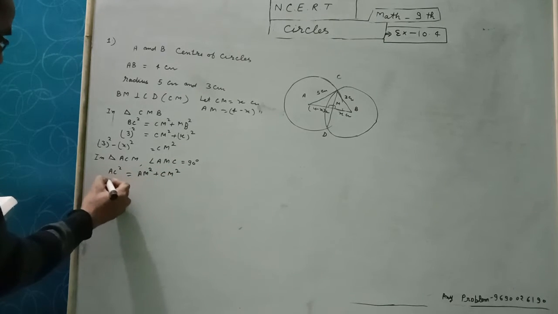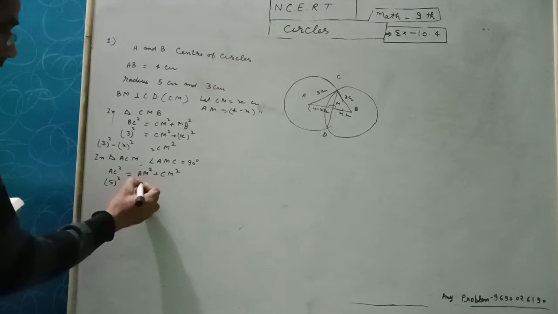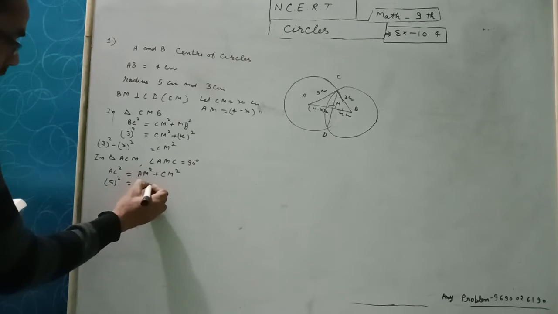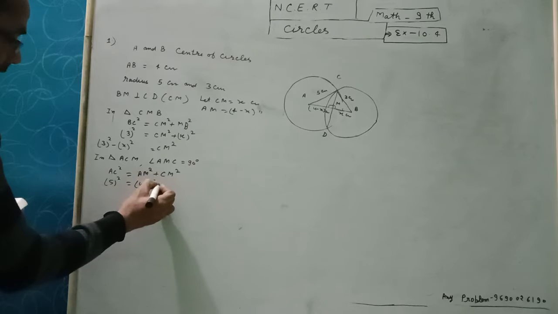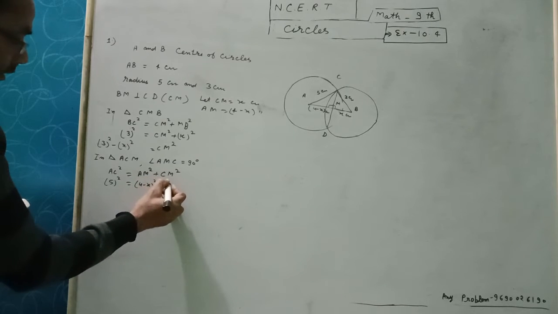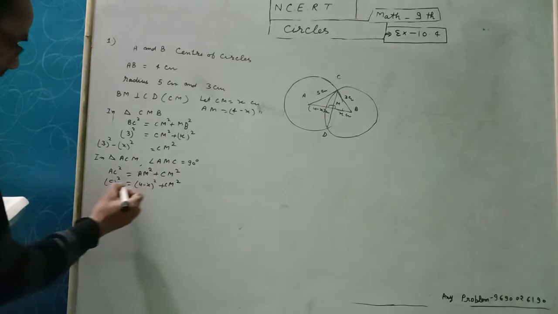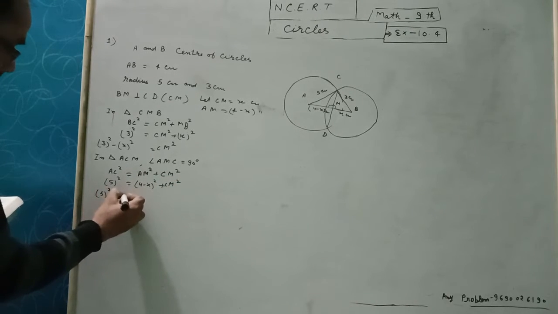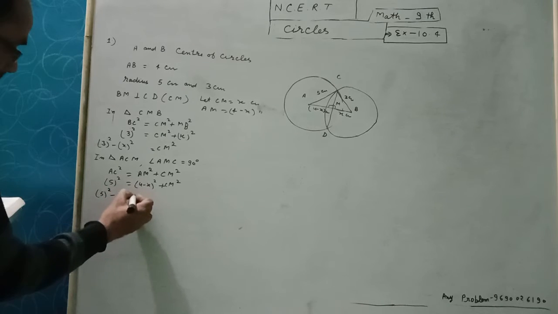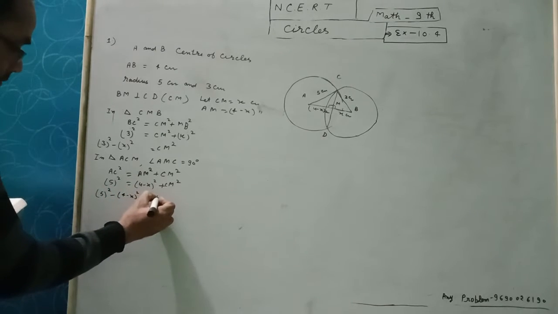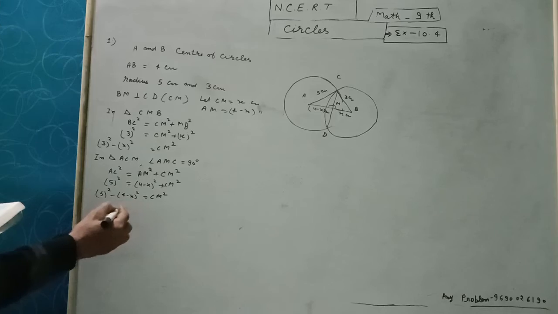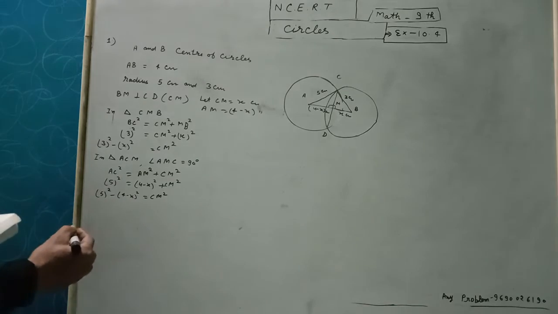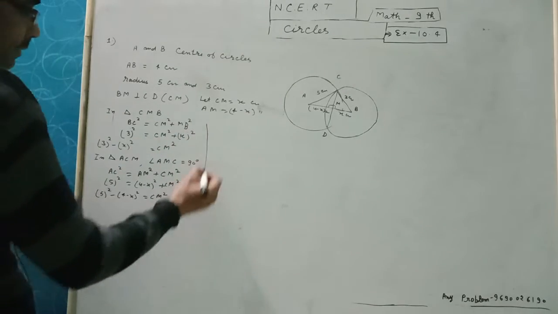AC value is 5, AM value is 4 minus x. So 5 square minus (4 minus x) square is equal to CM square. Both equal CM square.